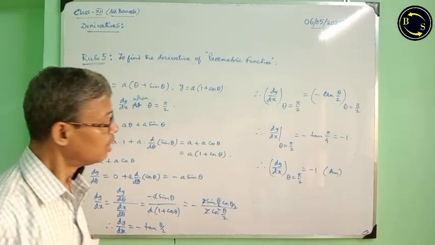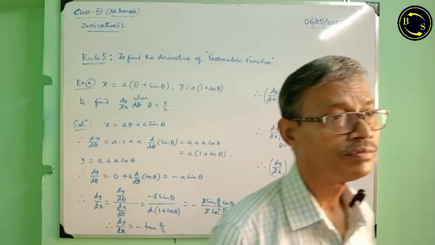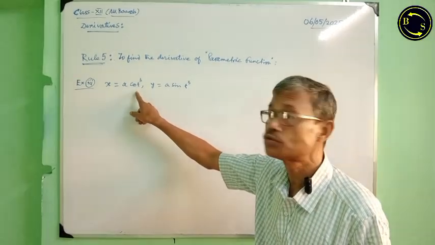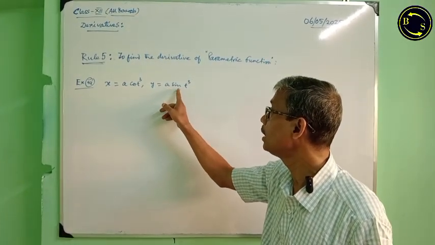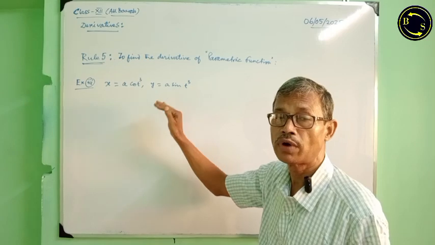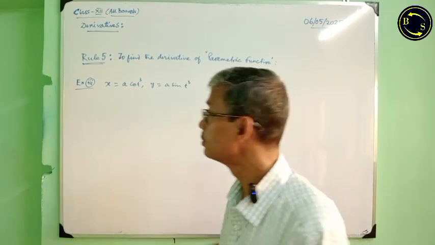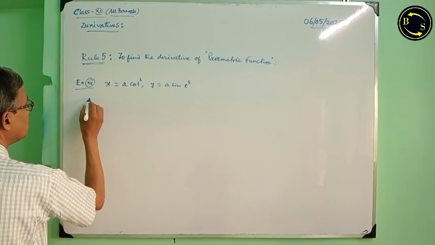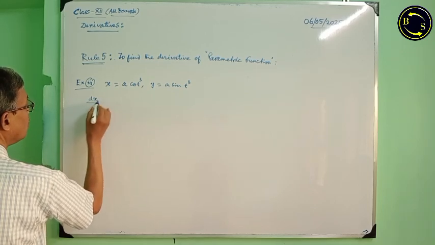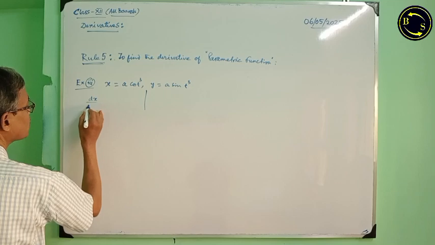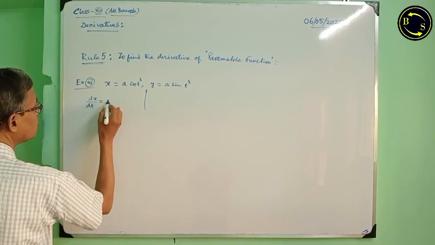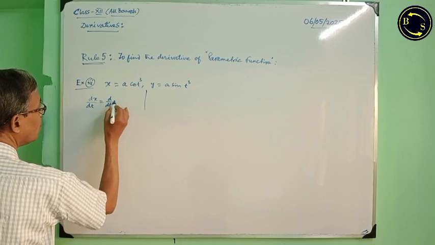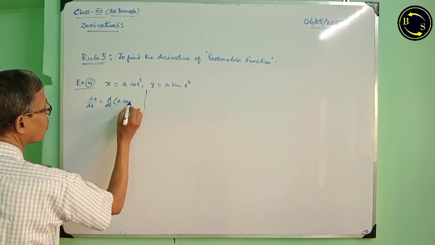Therefore, be careful. Another sum: x equal to a into cos t cube, y equal to a into sin t cube. We have to find dy dx. The steps will be: x equal to this, therefore dx dt is equal to d/dt of a cos t cube.